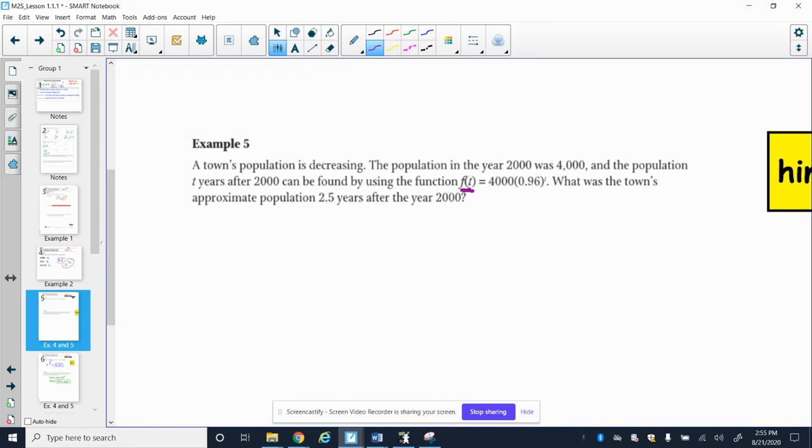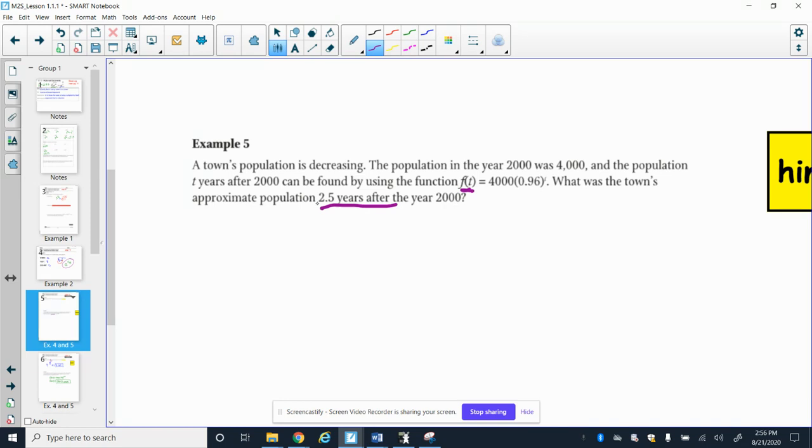It says, what was the town's approximate population 2.5 years after the year 2000? Remember, this is a function where our first variable t is the number of years that have passed since 2000, and it's going to spit out for us f of t, which represents the population of the town.